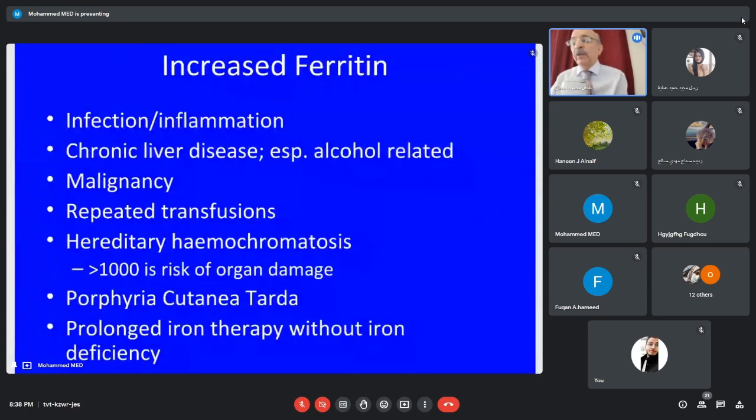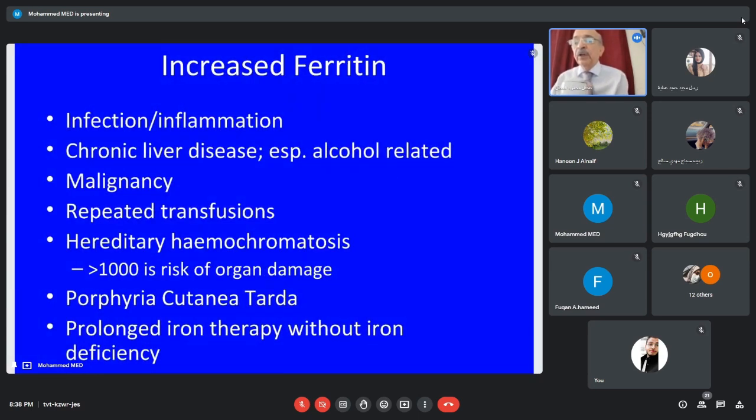Increased ferritin. What are the causes of increased ferritin? We did mention earlier a chronic inflammatory process, chronic liver disease, particularly alcohol-related. Actually, alcohol not only increases the ferritin, it increases iron, because iron will be absorbed more from the gastrointestinal tract.